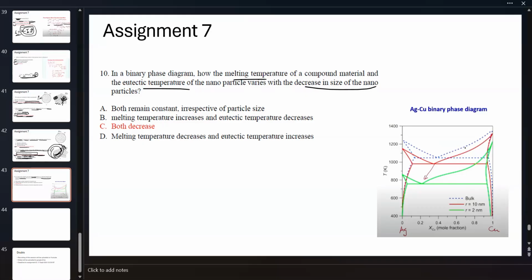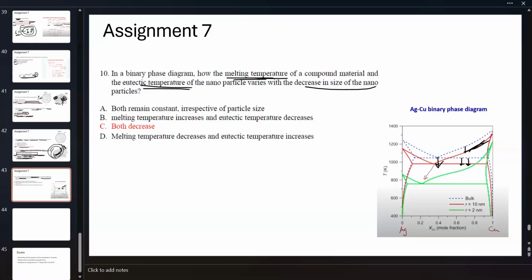Okay, the melting point is the boundary between the liquid and your solid plus liquid phase, right? As you're decreasing the particle size, you're decreasing the melting point, as well as your eutectic temperature. That's also decreasing.